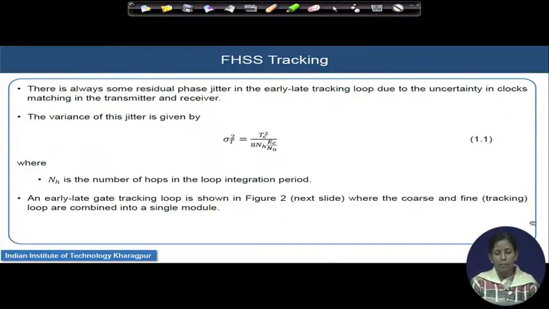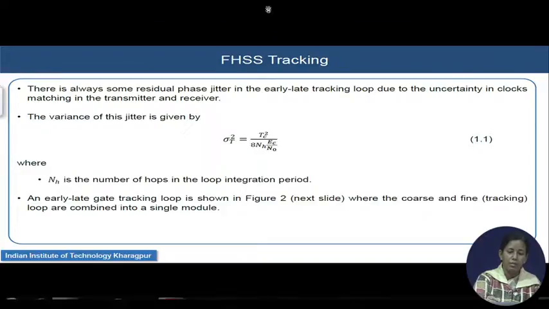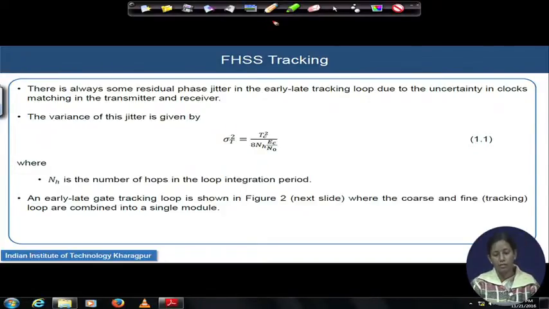But remember that even after this tracking, there may be some amount of error. This cannot be 100% corrected all the time.